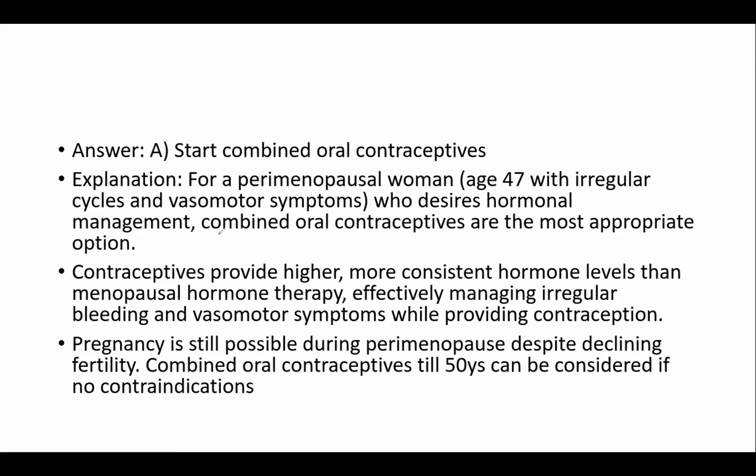So here the main thing is in perimenopause pregnancy is still possible. So we can choose COC pills till 50 years if no contraindication. I think you know what the contraindications for COC pills are. So if there are no contraindications, you can go with combined oral contraceptives. Am I clear?